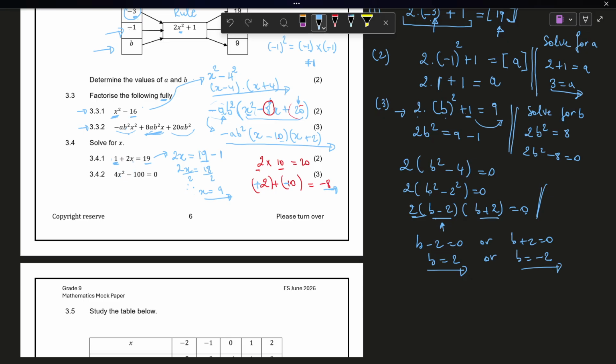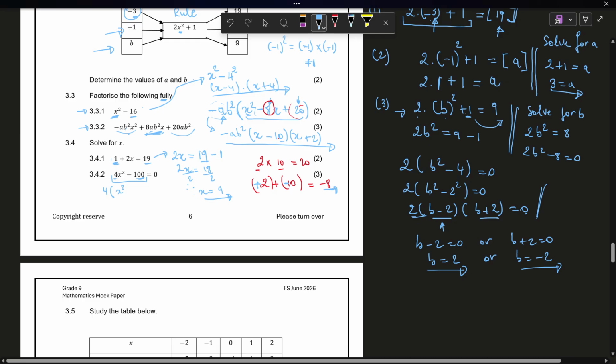Well, I can also factorize it. Remember, this left-hand side can be factorized. Is there a common factor? Yes, there's 4 here, and inside hundreds, I've got the factor of 4. So I'm going to write 4 factor.